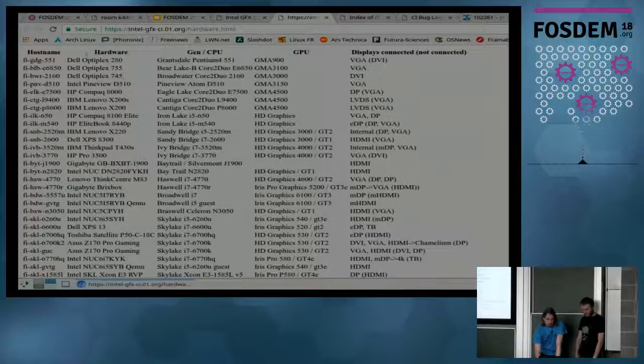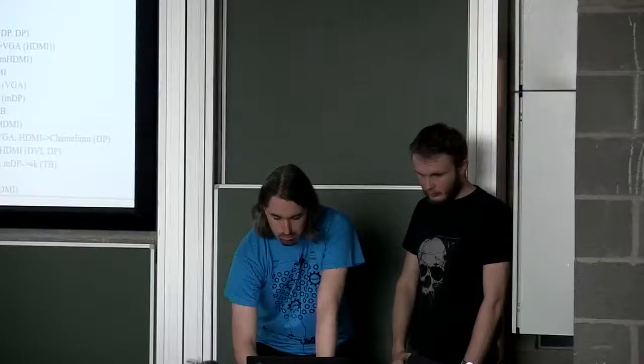So you've got the host name, what users would usually be reporting. You can see the brand name of it, what generation it is for the CPU and GPU. Those are the nice nicknames, the public ones, not the ones we use most of the time. Then you can see what connectors are available on the machine, and what is not connected.